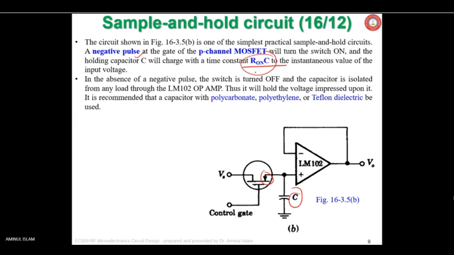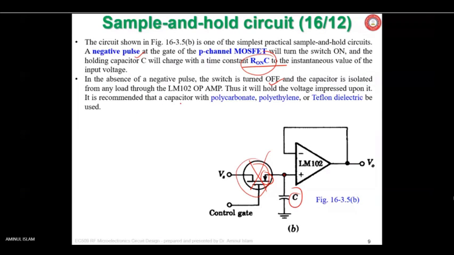So to charge up the hold capacitor, it takes a certain amount of time, and that is given by R on C. In the absence of the negative pulse, the switch is off. That is, this is off, not connected. This point is not connected, and the capacitor is isolated from any load through the LM102 op-amp.